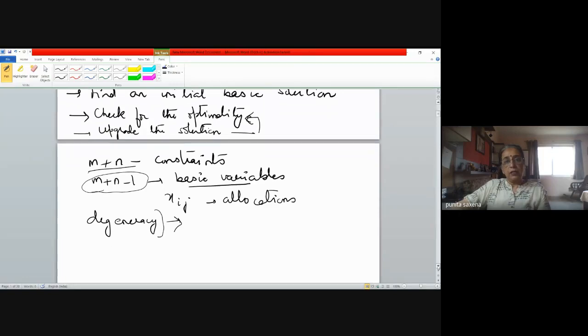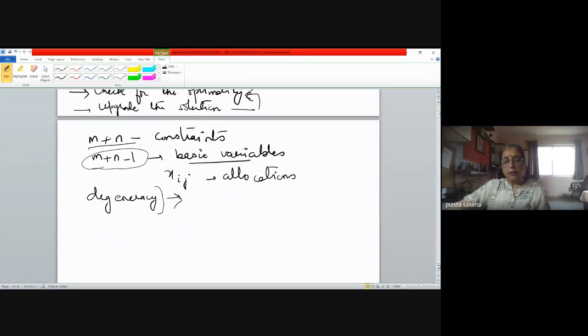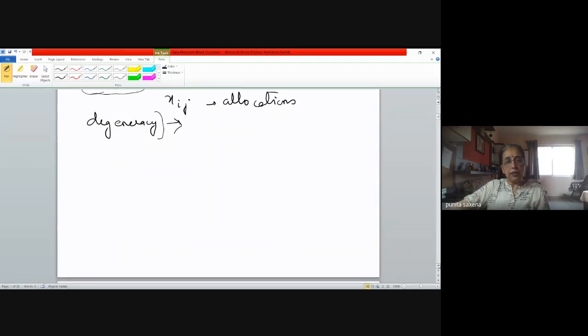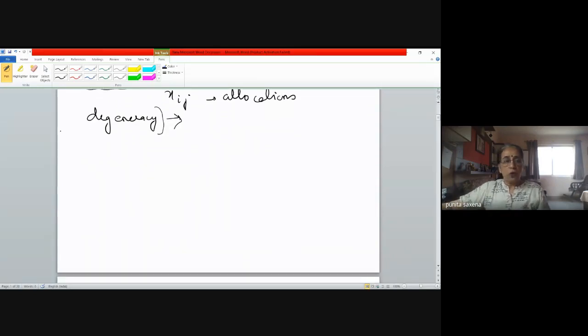To find the initial basic solutions, I think last time I told you, we are going to learn three methods. The first is called the northwest corner rule, or the northwest corner method.